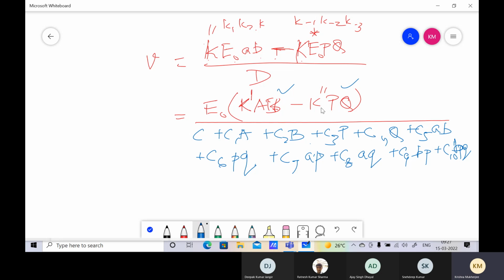A, B, P and Q are there. That is to say, AB is there, AP, AQ is there, and then in all combinations, AB, PQ, AP, AQ, BP, BQ. So obviously, this is the form of your velocity equation. And so, in a complex situation, you will now need to determine all the values.